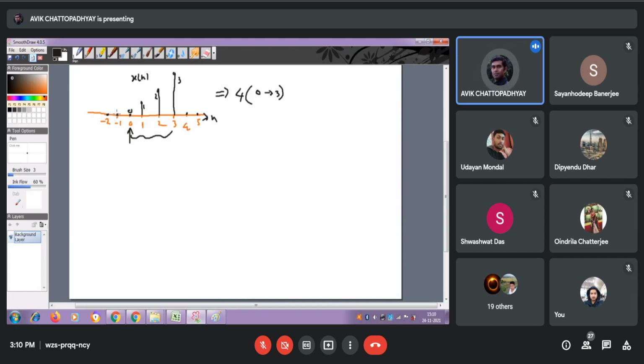Similarly on the left hand side, for negative values of n, all are 0. So again no information is hidden, nothing new. This is kind of fuzziness, as you can understand.